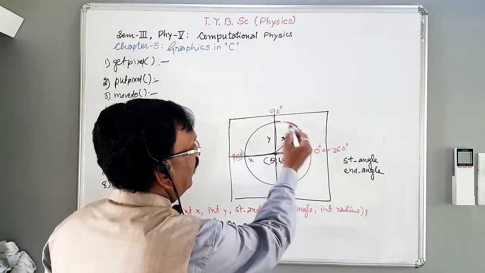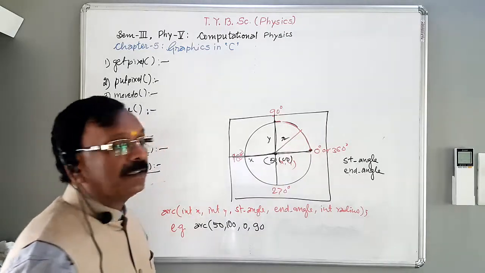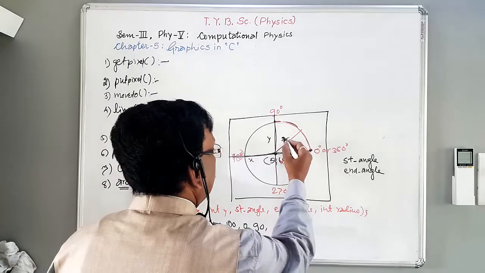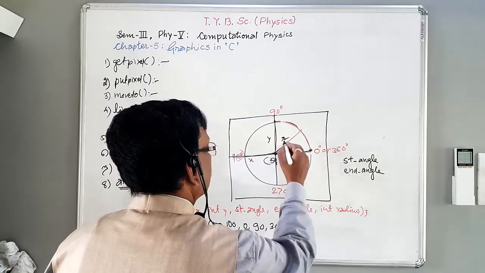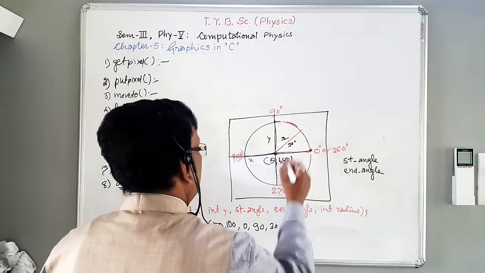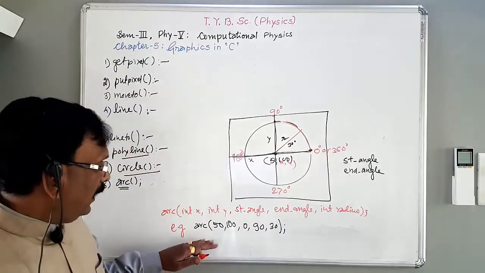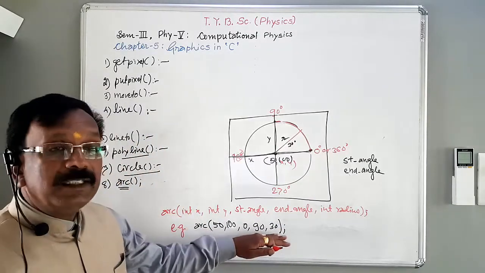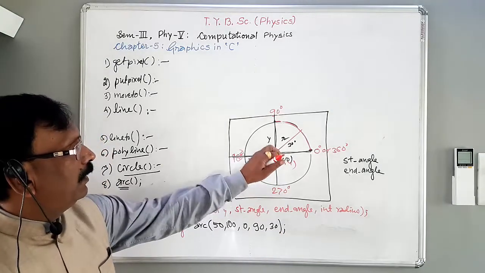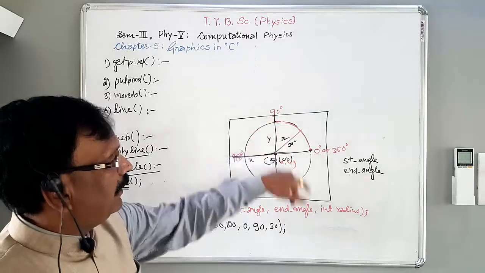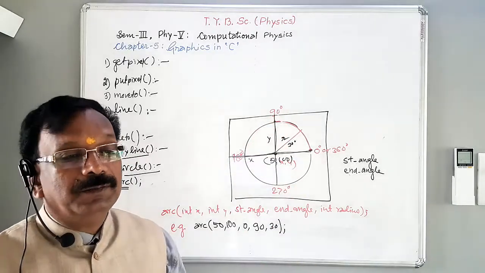This arc starts from here and ends here, and suppose 30 is the radius. So when the computer graphics executes this command, an arc will look like this on the screen. Okay.